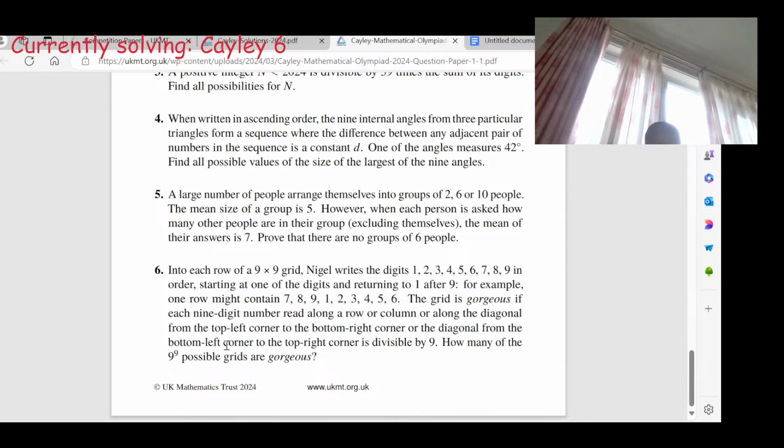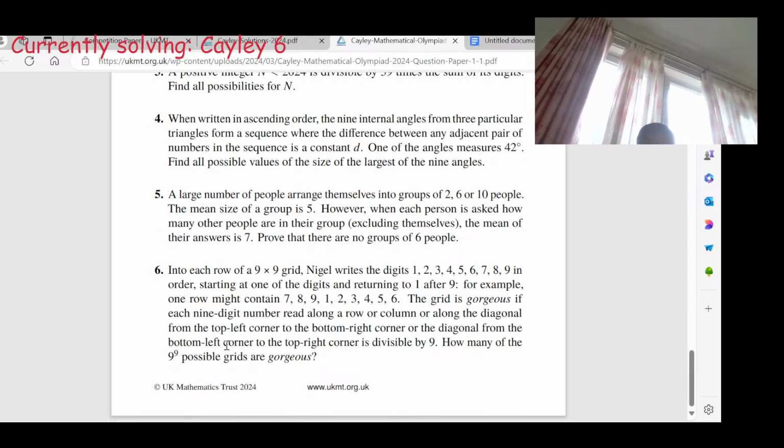Okay, well, how many 9-digit numbers are there? There's the grid where each of these are the same. So there's 9 of those grids where each row is the same.